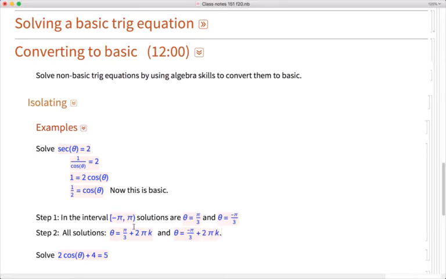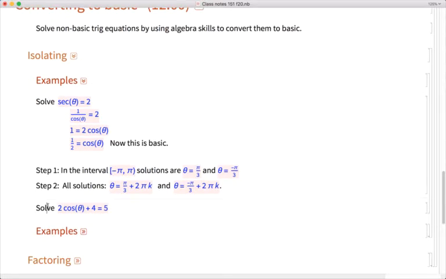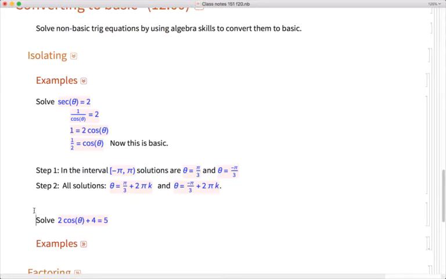Okay. I'll make this a separate example here. Solve. So here we have an equation that has one of the basic trig functions in it, a cosine, and all we need to do is some simple algebra to isolate that cosine on one side of the equation.